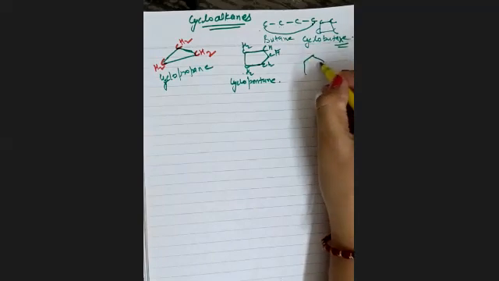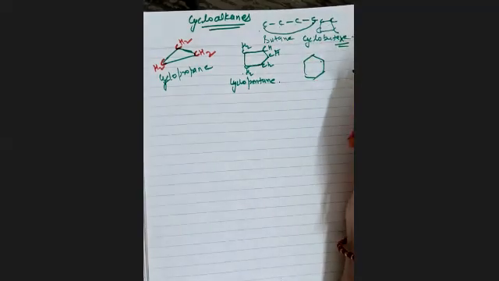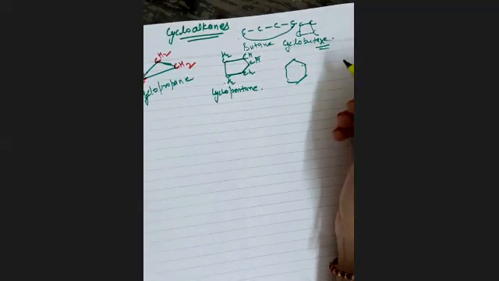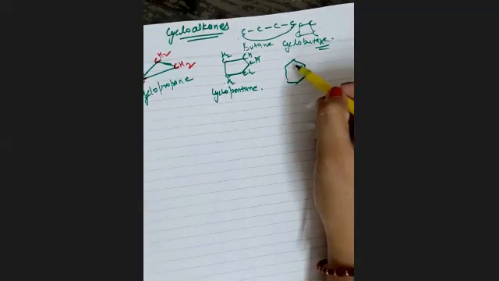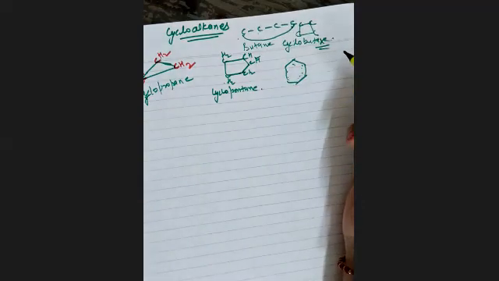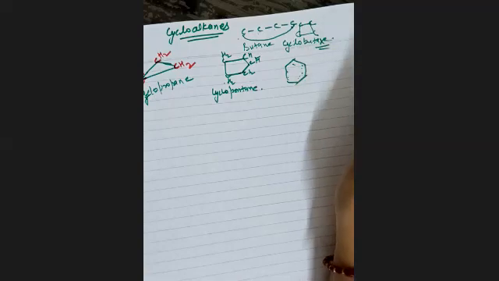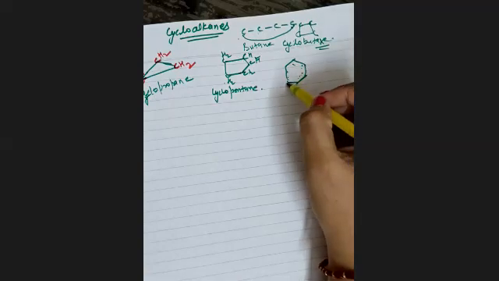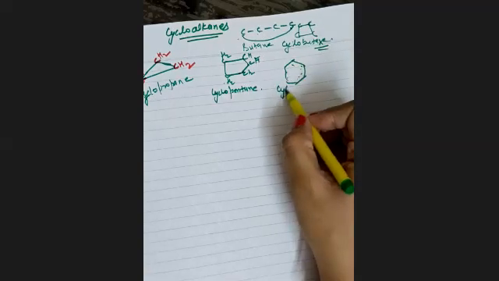Okay. Let me give you one more example. For example, I'm having this. कुछ बच्चे आंख बंद करके बोल देंगे, मैम, this is benzene. But this will not be benzene unless it has alternate 3 double bonds inside it. Okay? Right now, this is only a cyclo 1, 2, 3, 4, 5, 6, cyclohexane.